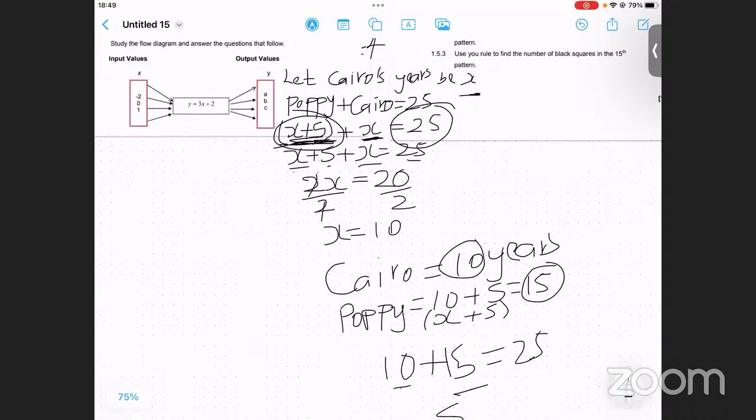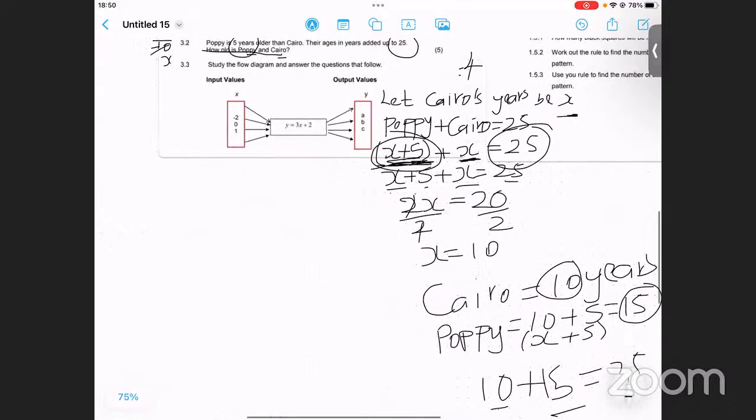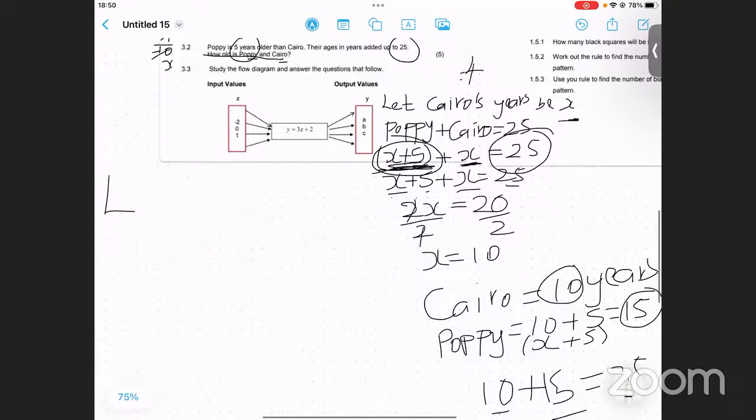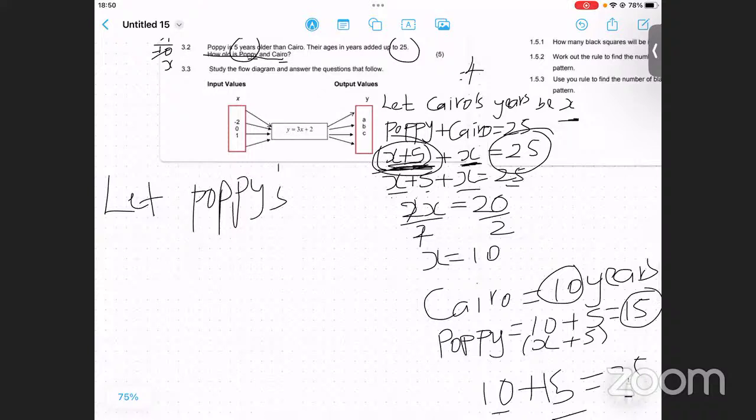Okay, if you got it, Zira, how are we going to do it if Poppy's age is x? If we let Poppy's age be x, how are we going to do it?